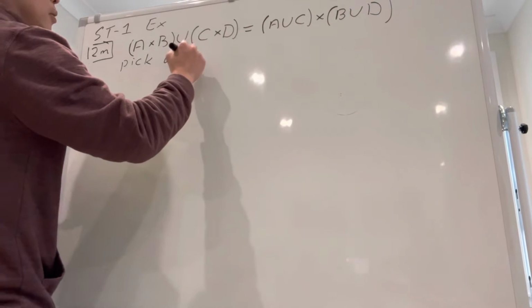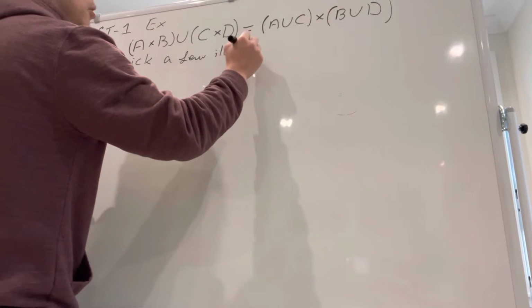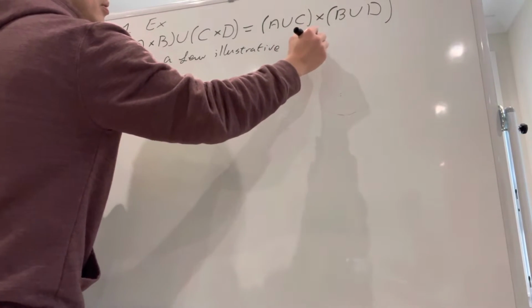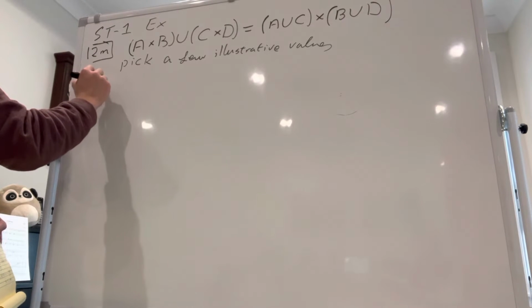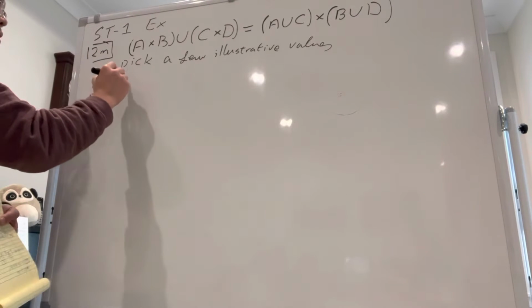pick a few illustrative values and then just calculate everything. So I'm going to say, let's say A. This choice is completely arbitrary.